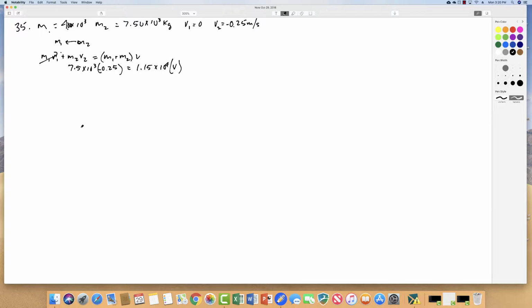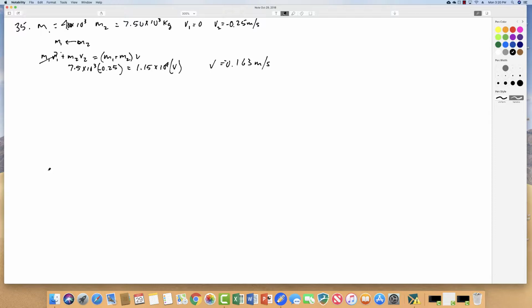And this is a negative because I said it was moving from right to left. And v then is going to be this divided by this larger number. And if you do that calculation, you get a minus 0.163 meters per second, minus, which means it's going to move from right to left.